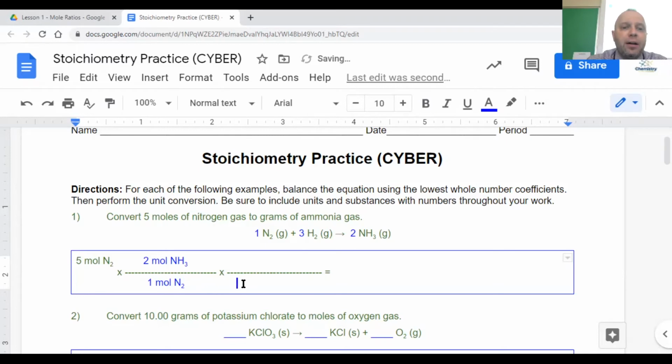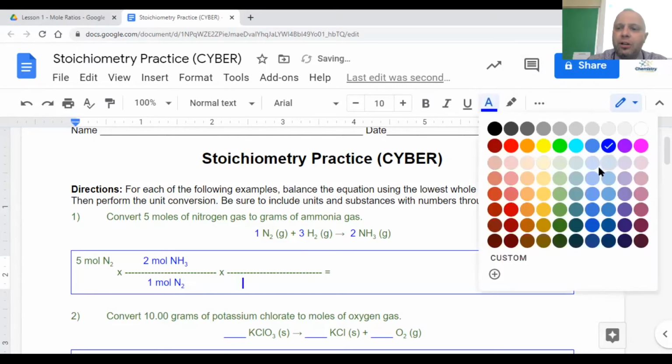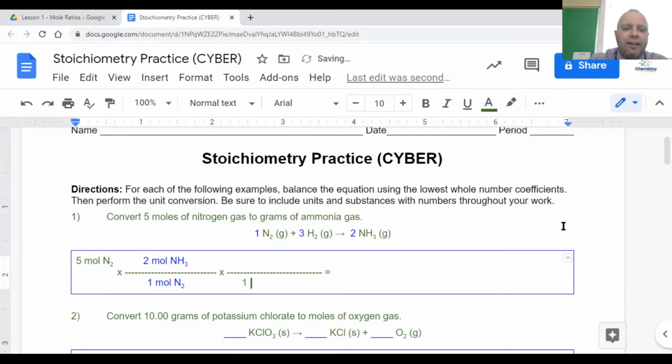So down here on the bottom, and I'll just switch my color back to green, I'm going to have 1 mole of NH3. Now remember, when you're going between grams and moles, it's always 1 mole. The only time that we use the numbers from the balanced equation is when we are changing from one substance to another.